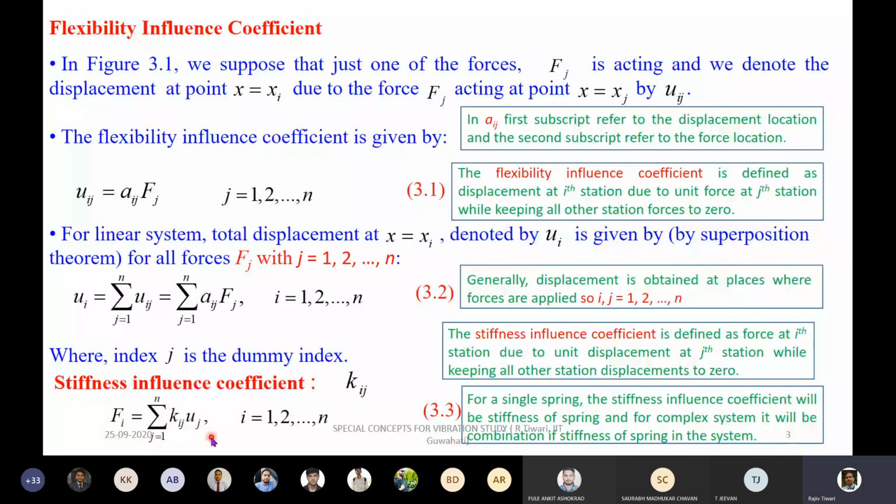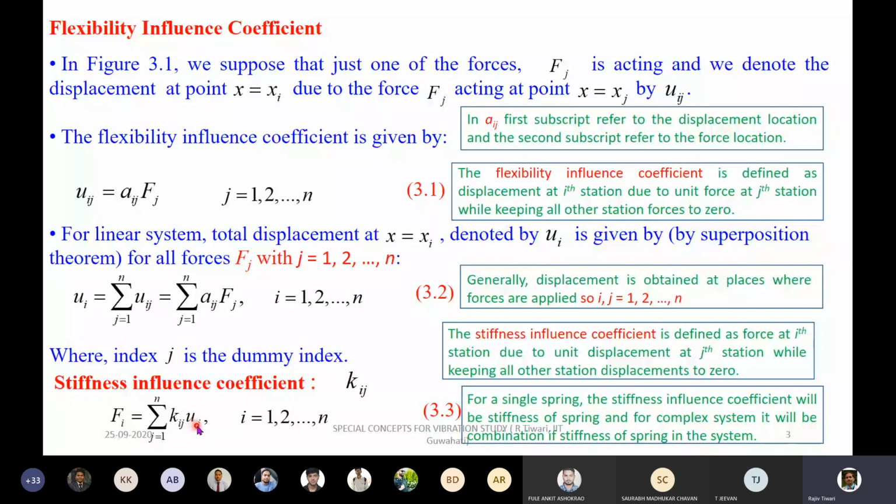If we want to define the stiffness influence coefficient, we can say we keep all other displacements 0 except at the ith location, and at the ith location we apply a unit displacement.